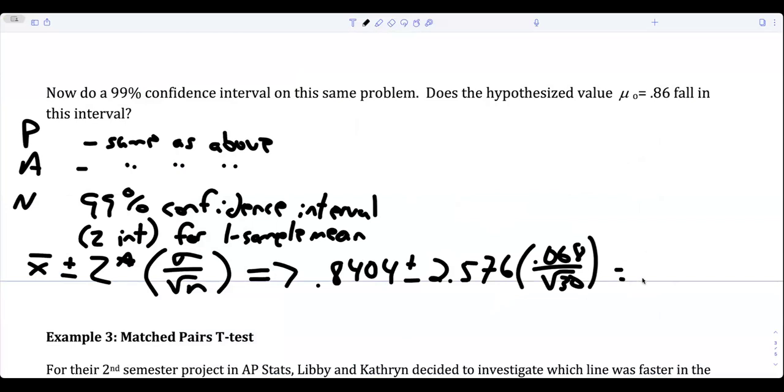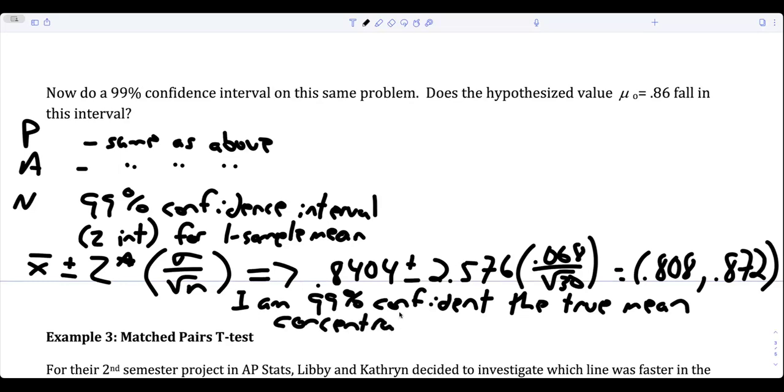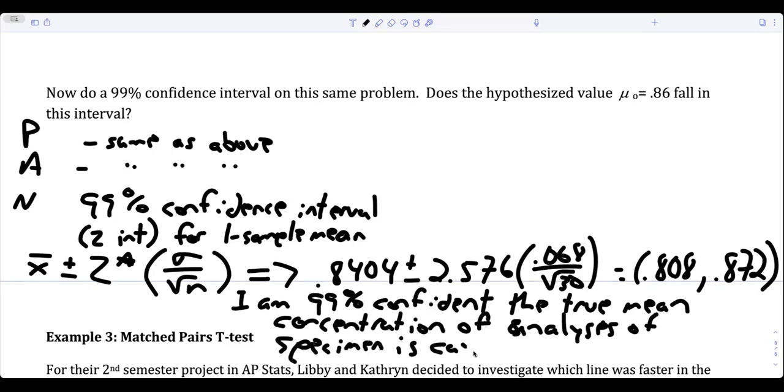So let me write this: 0.808 to 0.872. We could say, I am 99% confident the true mean concentration of these specimens is captured in the interval from 0.808 to 0.872.